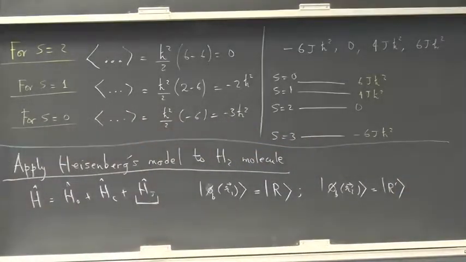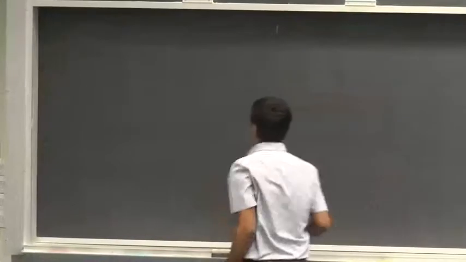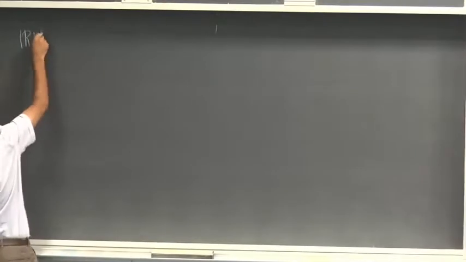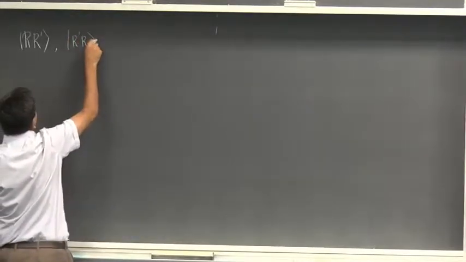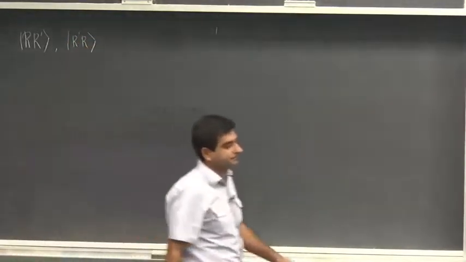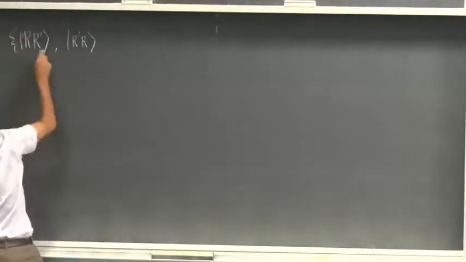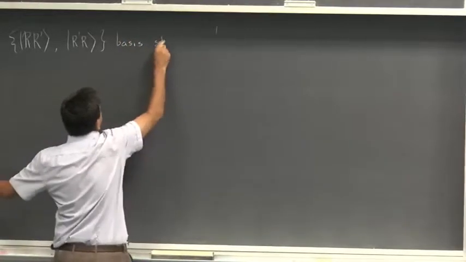So my basis states are R R prime and R prime R, as my basis states in space.